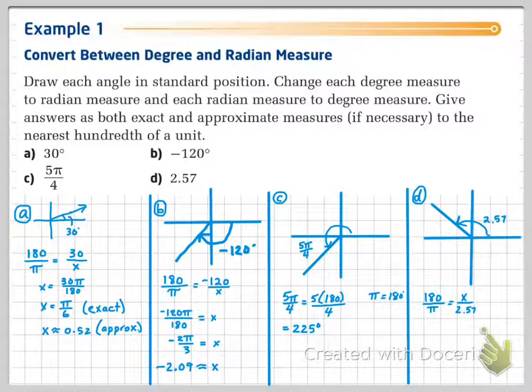That, of course, is going to be in radians because it doesn't say degrees. So 180 over pi is x over 2.57. And cross multiplying and dividing by pi, you're going to get 462.6 degrees divided by pi for an exact answer, or 147.25 degrees as an approximate answer.